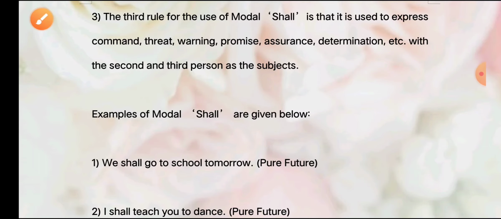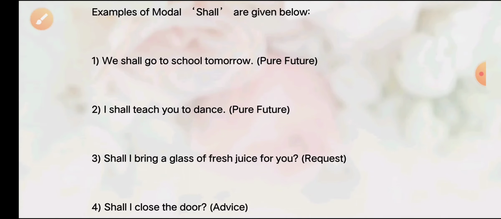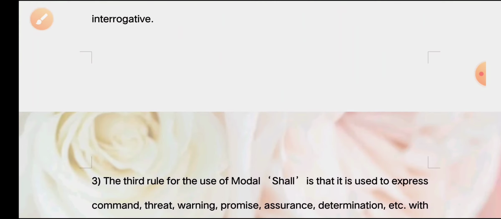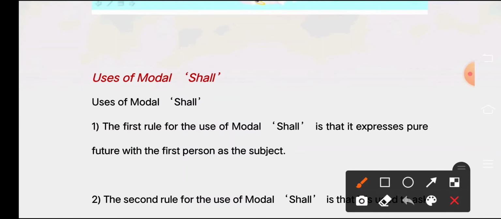Okay, so now we will see the examples of shall. What we have learned, just have a look at this. Three rules we have done. One is the common one, that in a future simple sentence with I and we we have to use shall.